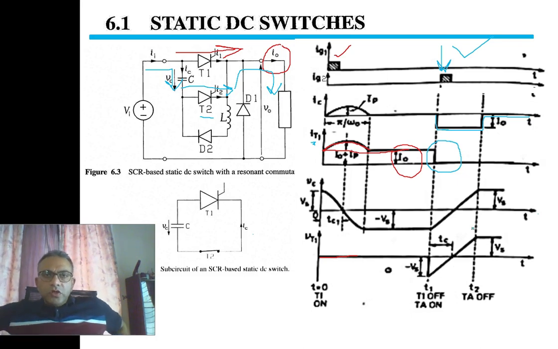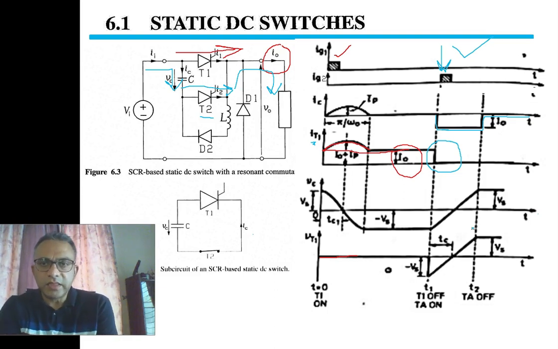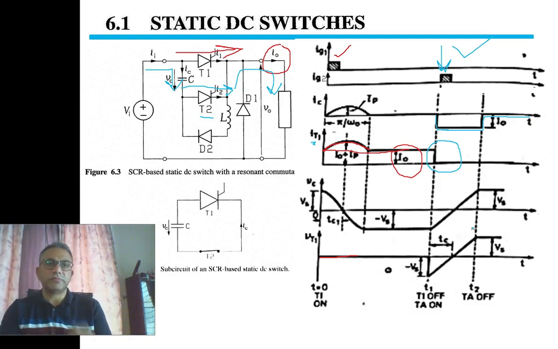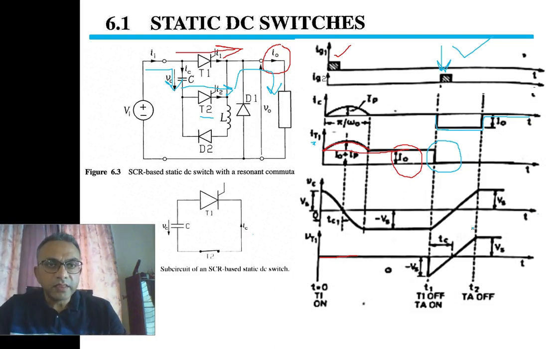Okay. So now remains the question of how do we turn off T2? This is very important. We have turned on T2. As a result, current was bypassed from T1, current now passing through T2. Second question, how do we turn off T2?